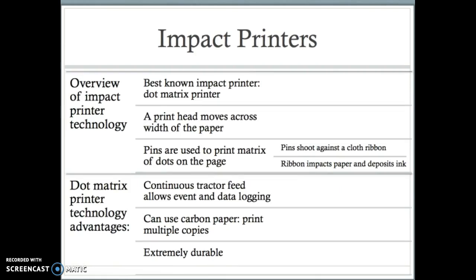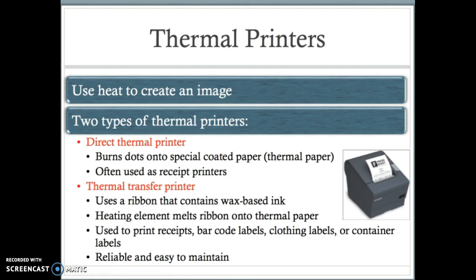Thermal printers are a little tricky because they use heat. A lot of times we use them with receipts and things like that. They really just function because of direct thermal that burns the dots onto the paper, and you can also get specific thermal transfer printers with the specific paper.